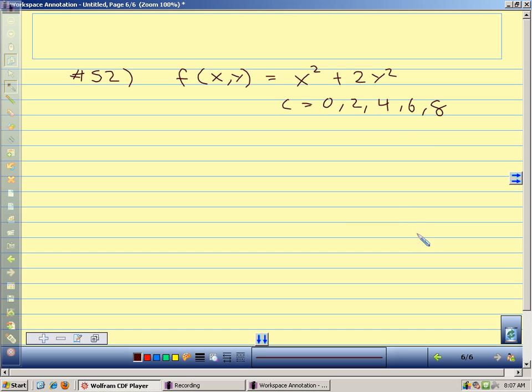So what are our level curves going to be? Ellipses. We just set this function equal to each of these constants and plot those level curves. Looking at this function, if we say z equals x squared plus 2y squared, what does our surface look like?